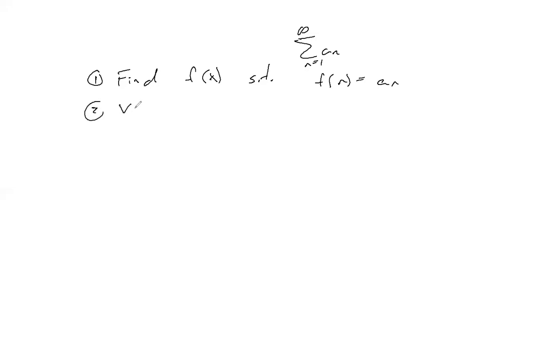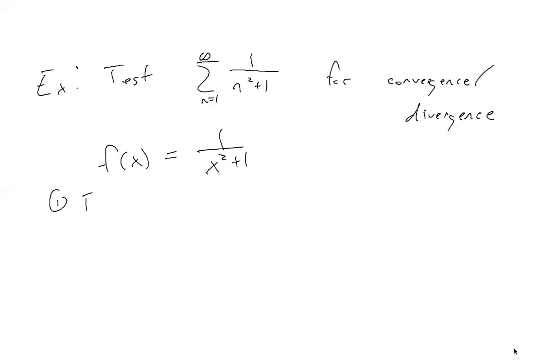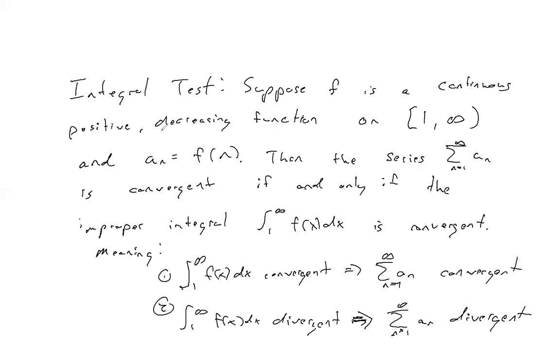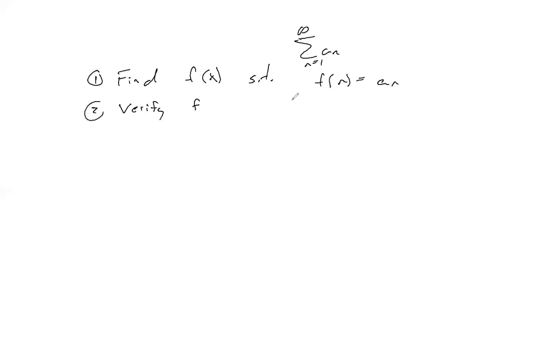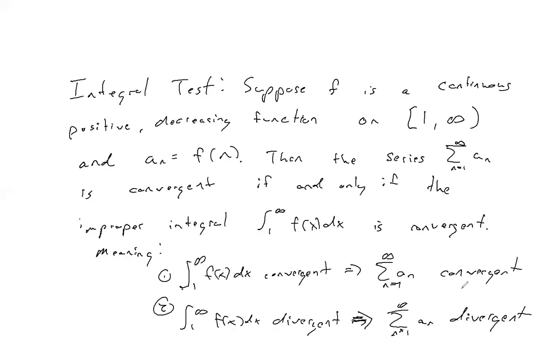Step 2, we need to verify f meets all our criteria. What were our criteria? We needed continuous, positive, decreasing on 1 to infinity. So we need to verify all that.